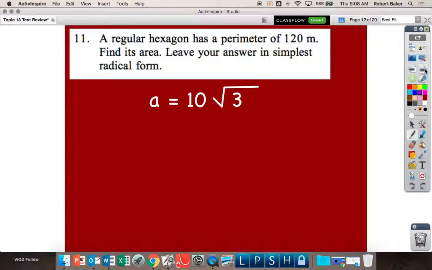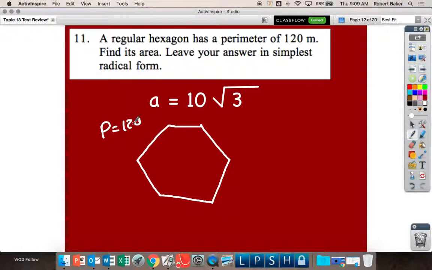So right now all you know is that you have a hexagon, and all you know is that the perimeter is 120. And I gave you an apothem.